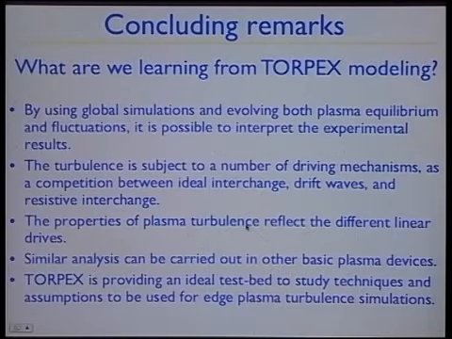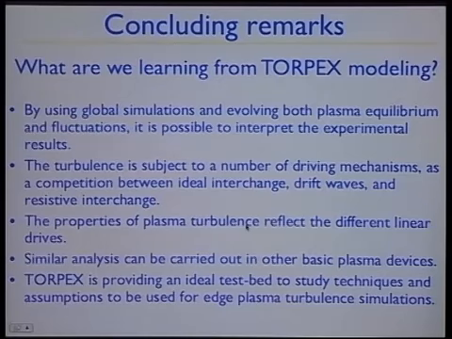So to get to the concluding remarks, what are we learning from TORPEX? We have been using simulations that evolve both plasma equilibrium and fluctuations, and showing that it's actually possible to interpret experimental results. We have seen that turbulence is subject to a number of driving mechanisms, which is a competition between ideal interchange, drift waves, and resistive interchange.